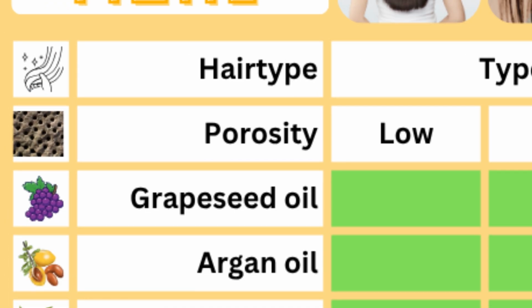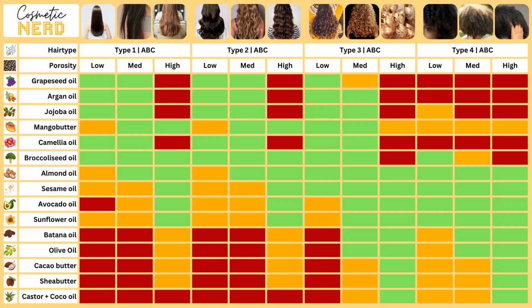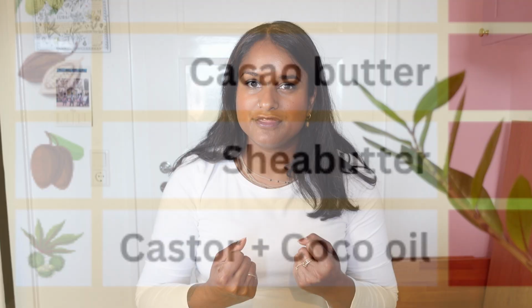For example, grapeseed oil, which is a very lightweight oil rich in unsaturated linoleic acid. It's great for low to normal porosity in straight to wavy hair. On the other hand, there's shea butter, which is a thick and deeply nourishing butter. This is best for type 3 to 4 high porosity hair.